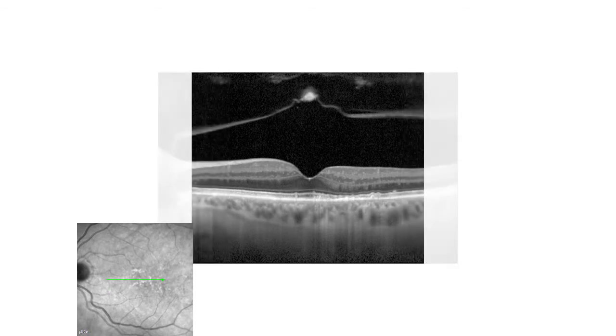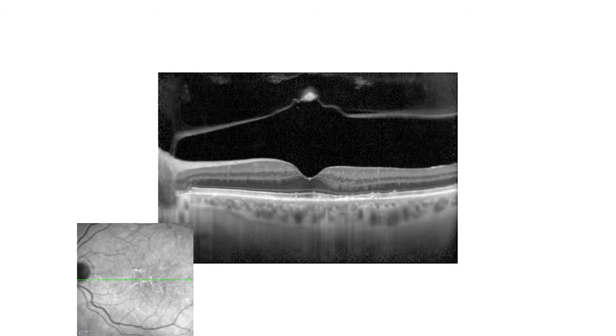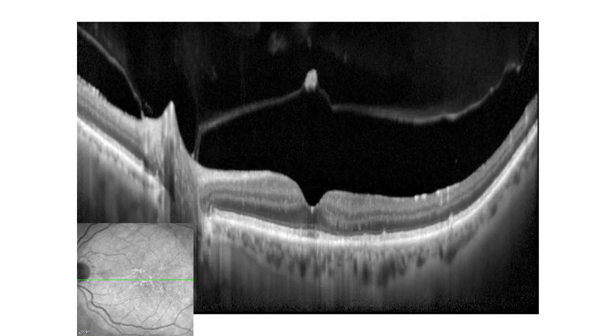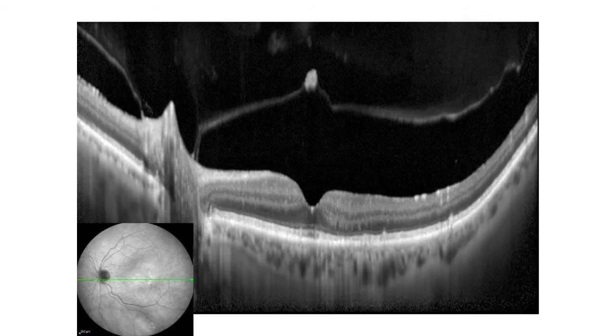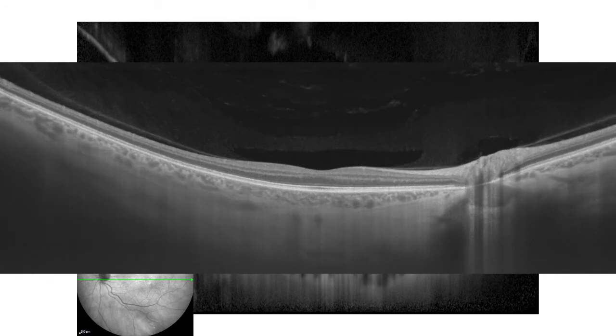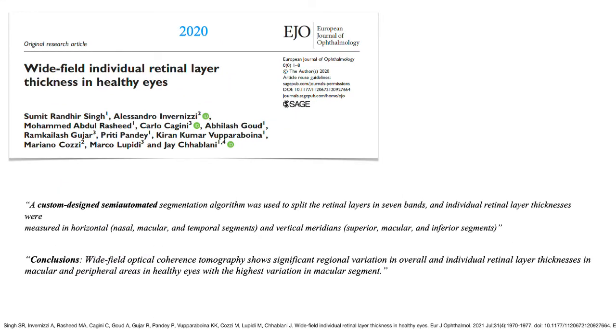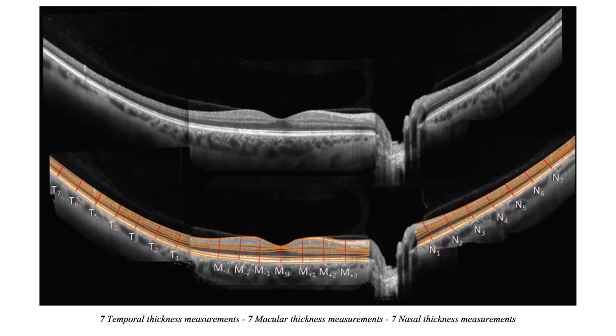What was interesting at that time also was to move toward the periphery and expand our knowledge about each retinal layer, and of course the outer plexiform layer, not just in the macula but also in the periphery. That's why we were part of this group, and we studied the wide field OCT segmentation of each of the retinal layers.